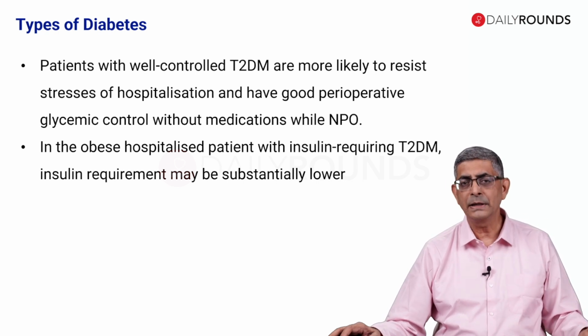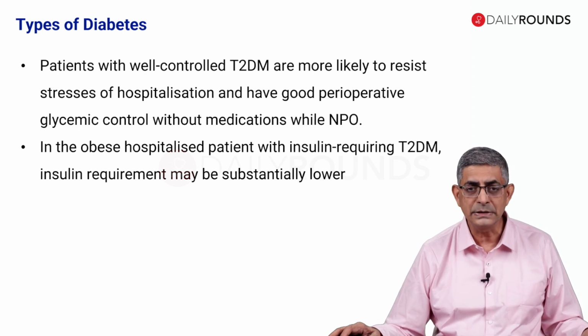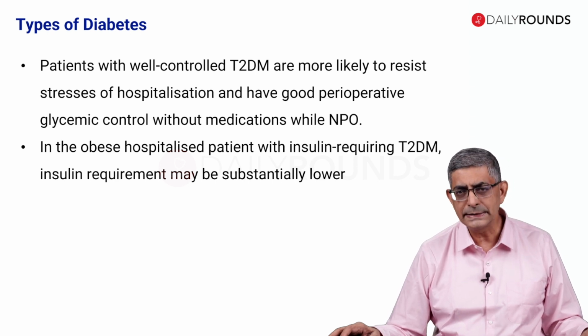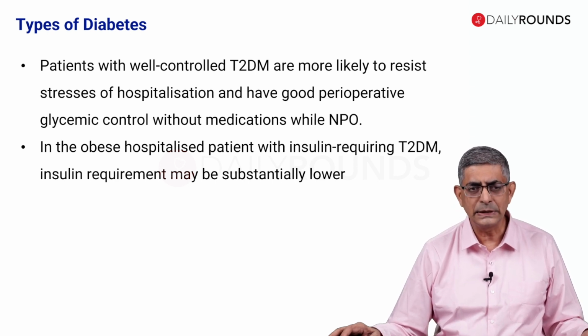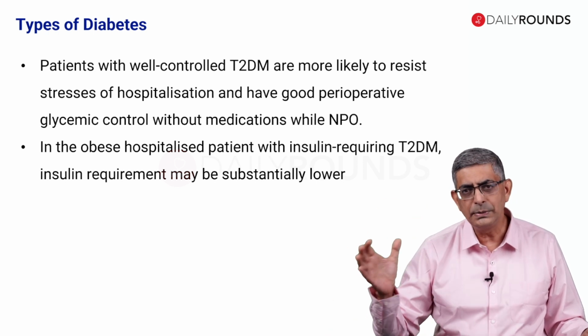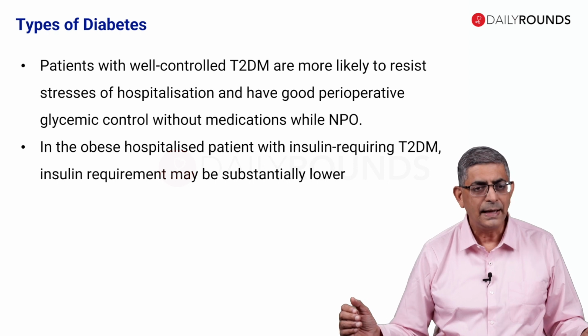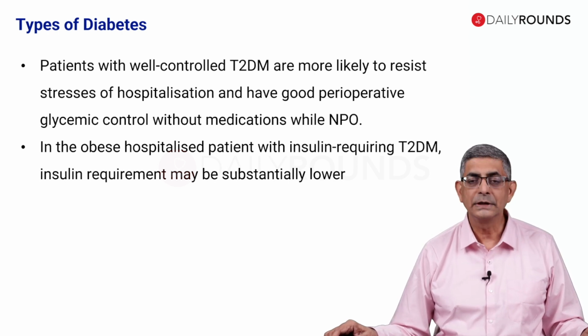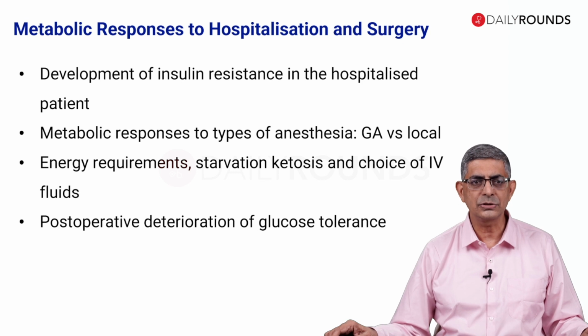The insulin requirement may go up because of increased insulin resistance from the primary illness, or it could go down because of poor eating. These are all potential reasons for a variable insulin requirement, and this brings us to the point that we need to monitor them more closely. We need to do frequent blood glucose testing, which will help us regulate the dose of insulin that we need to give the patients.